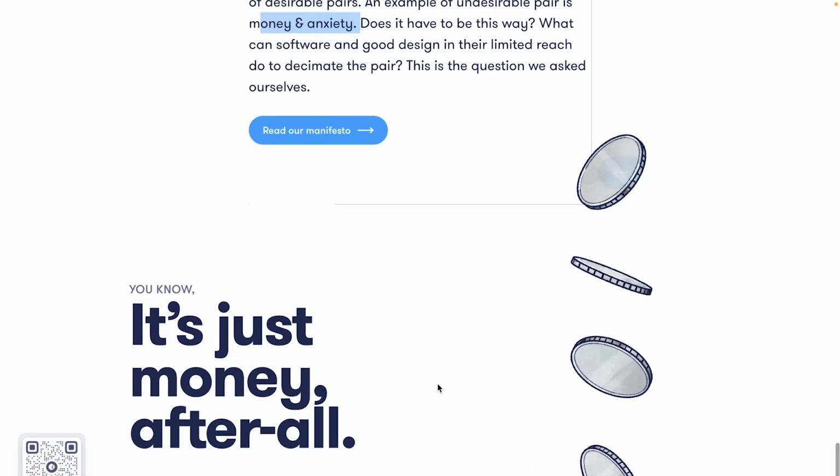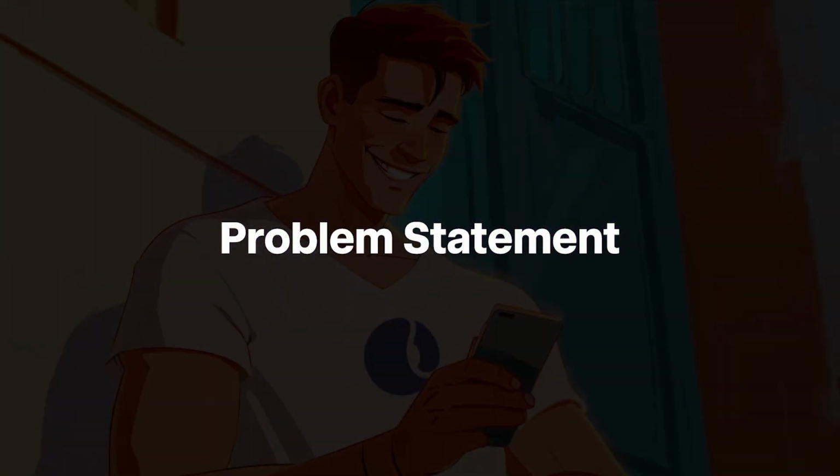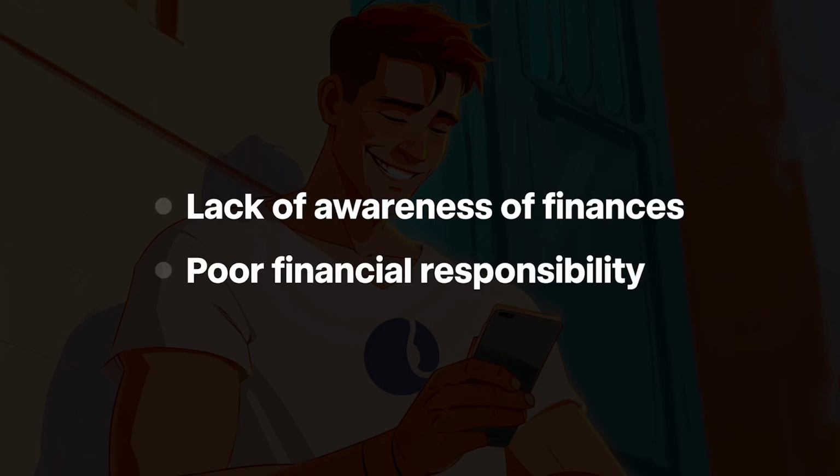So what does this all mean? If we come back and look at the entire product, we need to understand what is the core problem statement. Now, of course, we have to dive into a lot more detail, right? But what is the core problem statement that this app is trying to solve? Why does this app even exist? Now, I can probably put it into two things, which is lack of awareness of your finances and poor financial responsibility, right?